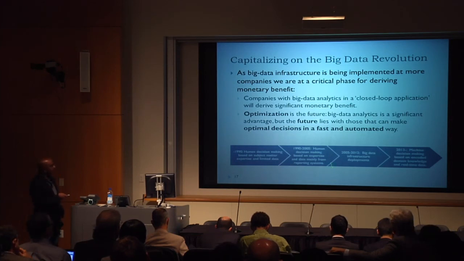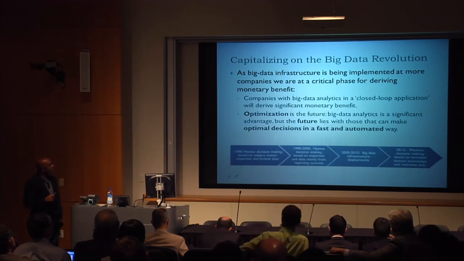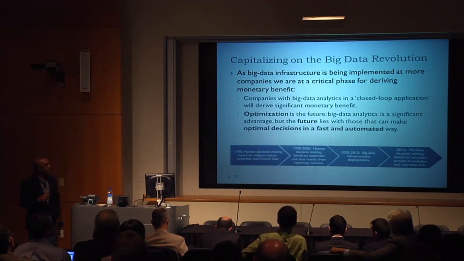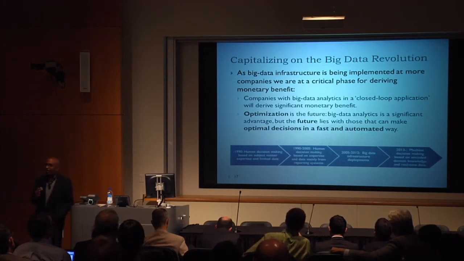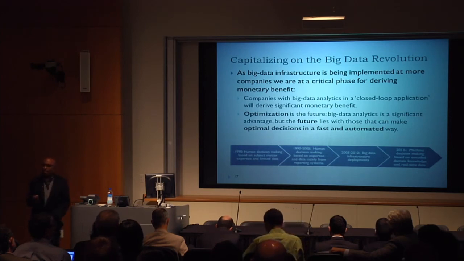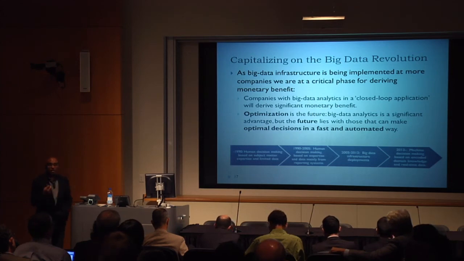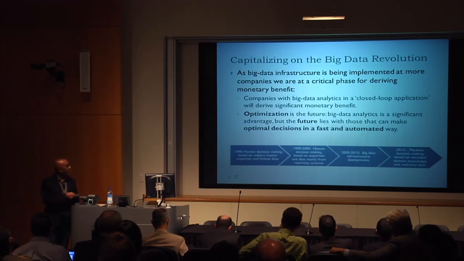And now what's happening is big data infrastructure deployments. And what we're seeing in the future is machine decision making based on encoded domain knowledge and real-time data. That's a very heavy statement. So with machine decision making, no longer is there a human reading a report, but the machine is making the decisions based on perhaps a convex optimization that's occurring across a very, very large network.